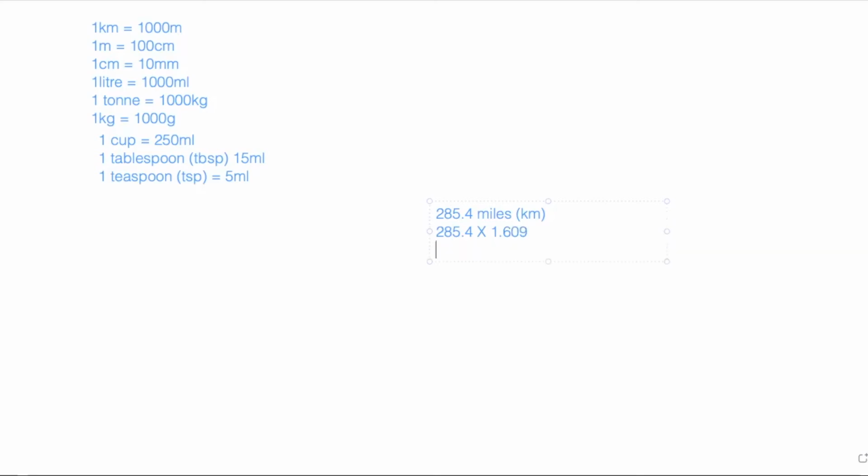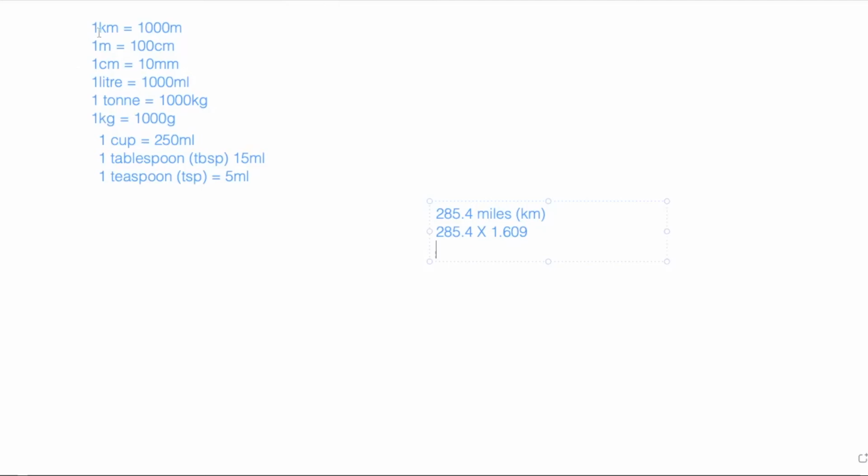And then you'll get how many kilometers that is. So as long as you know this, you are going to be able to solve this. The only thing is, I don't know whether you'll be given this table during the exam. So I think you should know these things, especially this part.